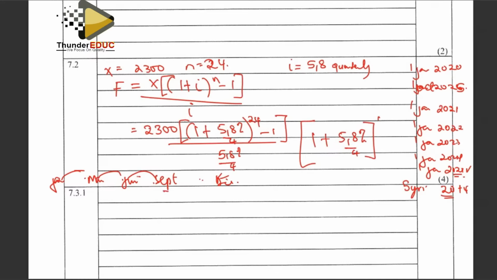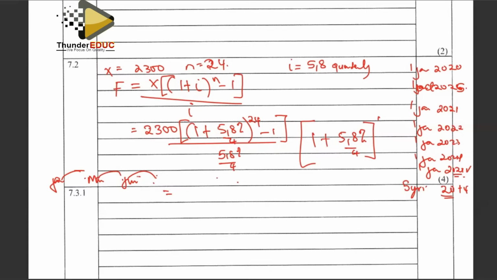Okay, so when I punch everything into my calculator, let's see if it's going to give us something that is reasonable. So 1 plus 5.8%, we are compounding it quarterly. So over 4, we say to the exponent of 24 minus 1, over 5.8% over 4. Okay, so this bracket alone gives me something like 6.546 something.